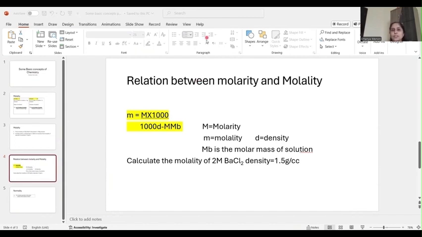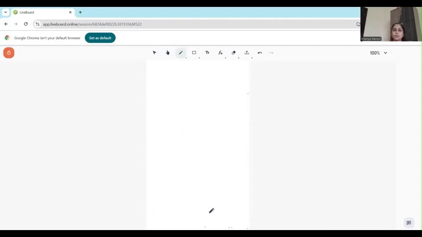Now let's do a question so that it's clear. The relationship is small m is equal to capital M times 1000 by 1000 small d minus capital M into Mb.